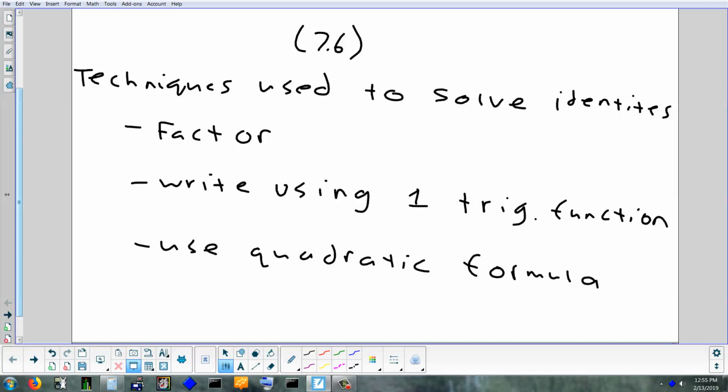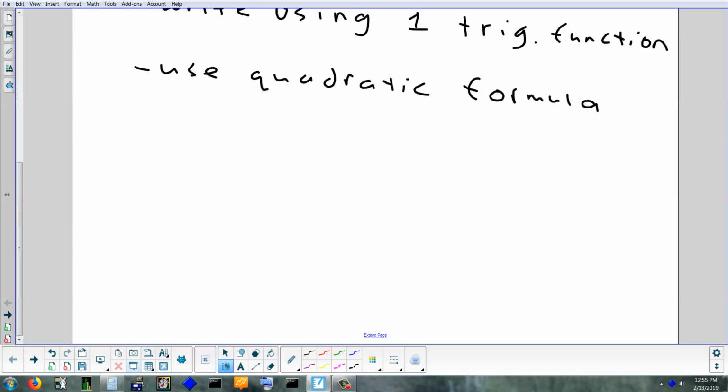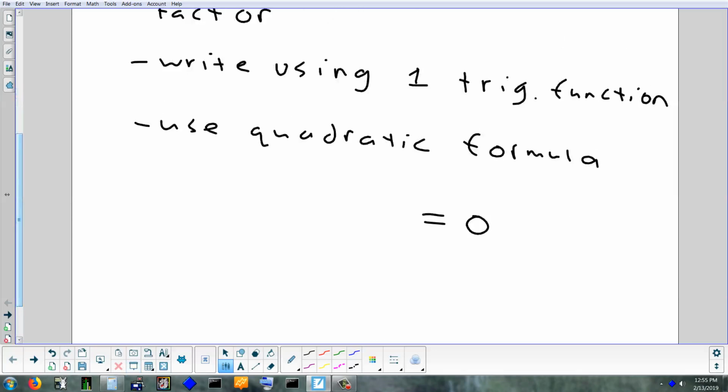I'm going to show you how to use the quadratic formula on more things than you probably knew you could use it for. In general, you can use the quadratic formula to solve anything that looks like this. You have something to a power plus something to half that power plus a constant. So you're probably used to solving things like when n is 1.